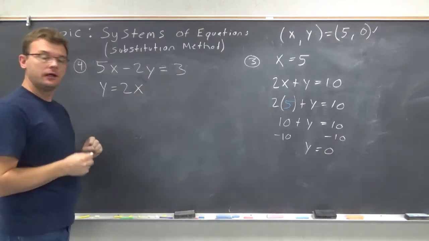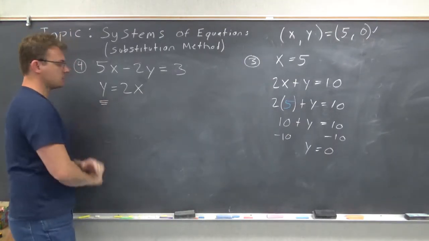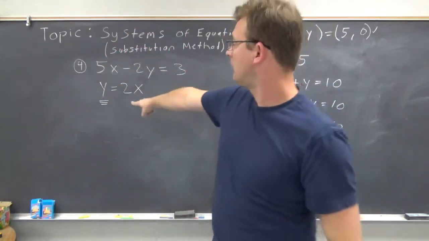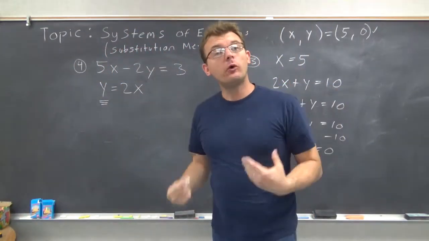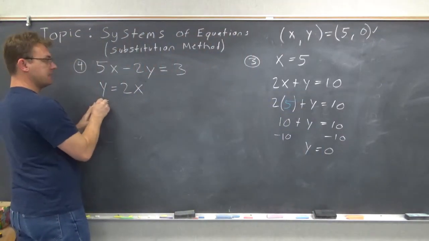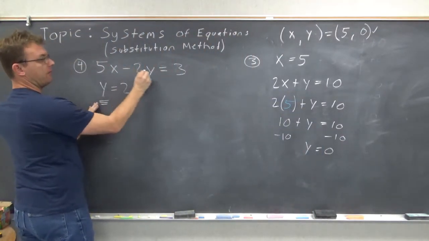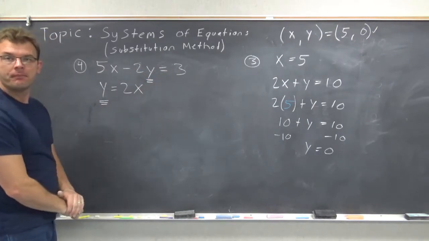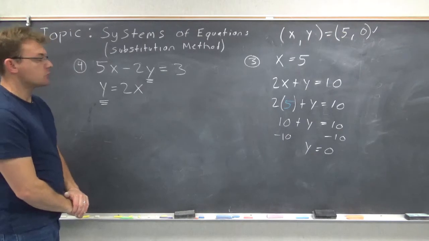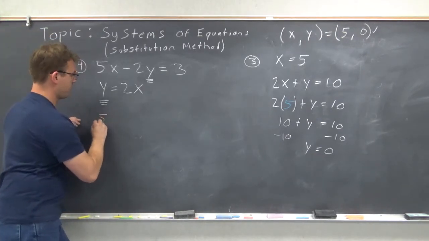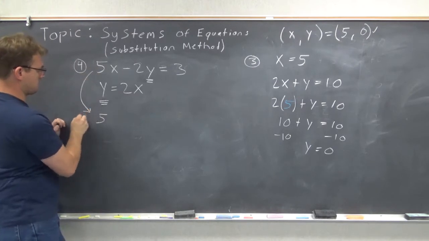What I'm going to do, since this one's already solved for y, everything is already solved for y, is take this and move up here. And guess what? I'm going to look right there. So I'm going to go like this. This is this one here.